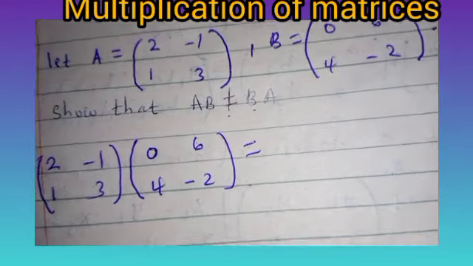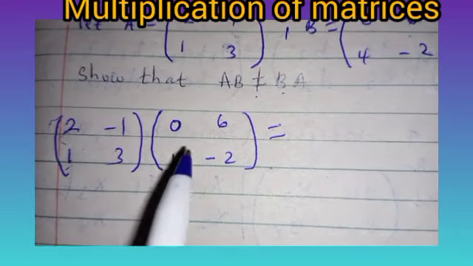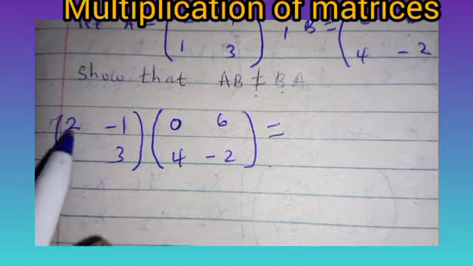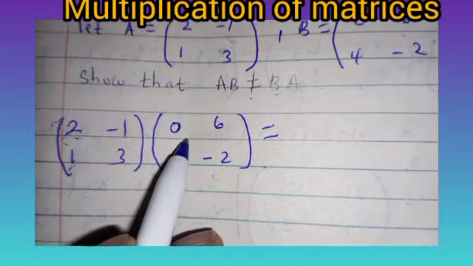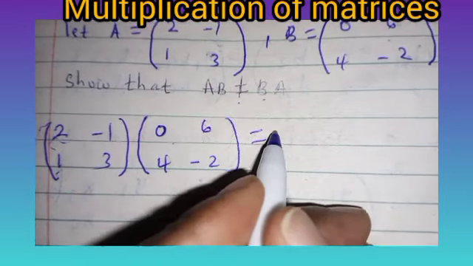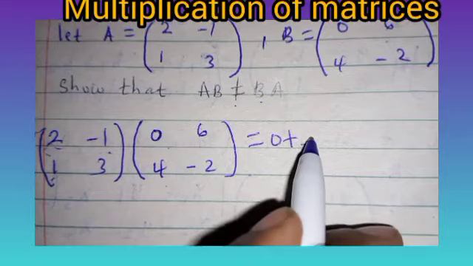So you multiply these two matrices. What you do is multiply the row times the column. So you have 2 times 0 to give you 0, plus negative 1 times 4, which gives you negative 4.